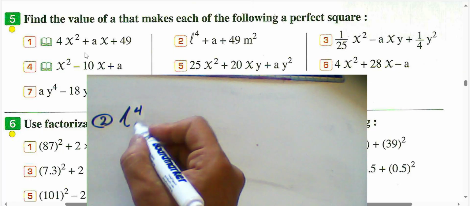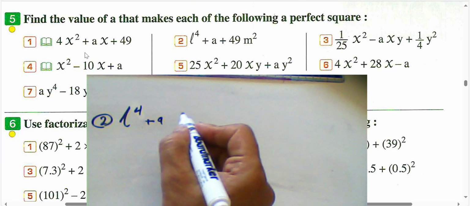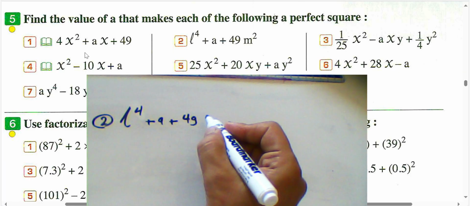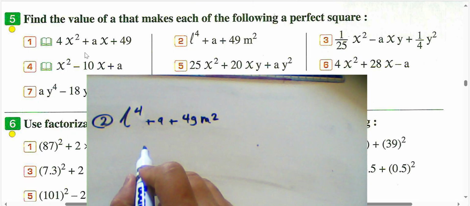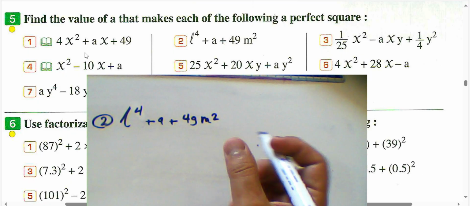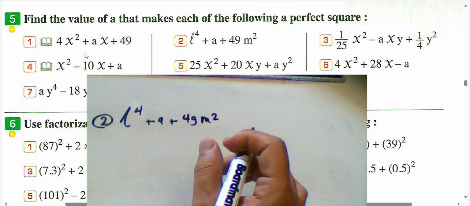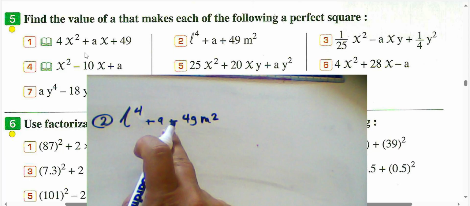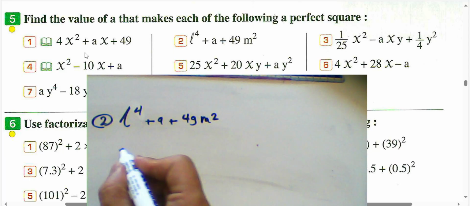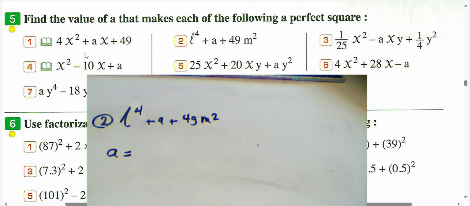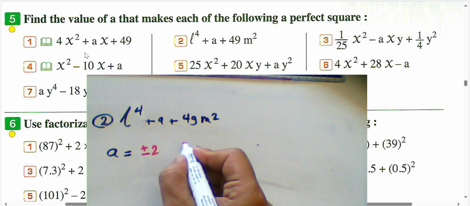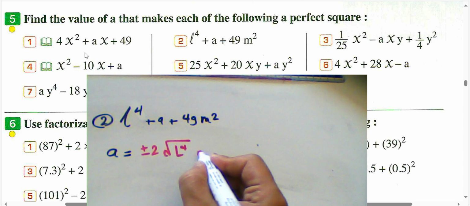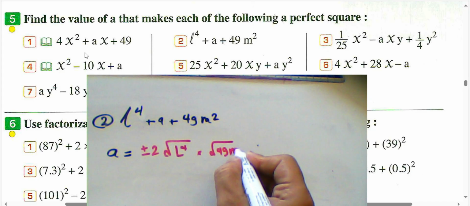Okay, focus with me. 4 power 2 plus A plus 49 m power 2. This expression, he tells me in the example, is a perfect square. We can find the value of A. A here lies in the middle. Then the value of A equals positive or negative 2 product by square root of the first, square root of the third.